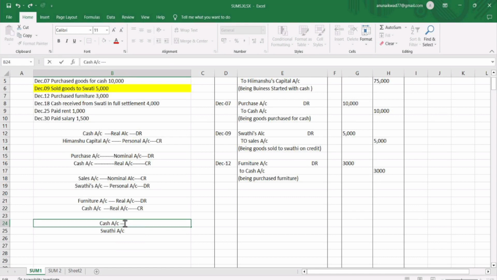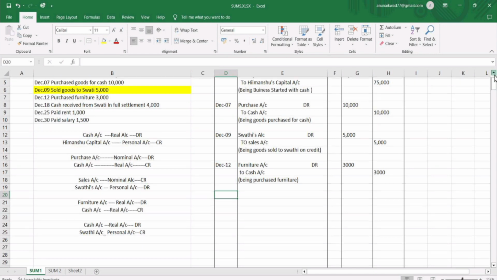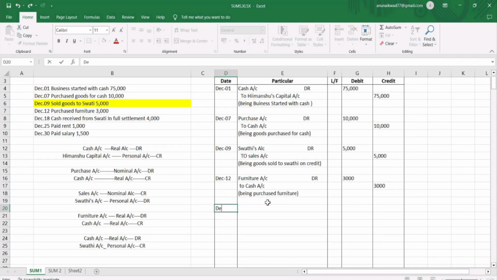We know cash is a real account and Swati is personal account. Cash account, we are receiving the cash, debit what comes in. Personal account, debit the receiver, credit the giver. She is giving us the money, so she will be credited. Now, this transaction took place on December 18th.